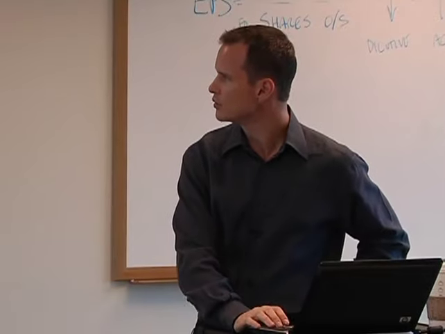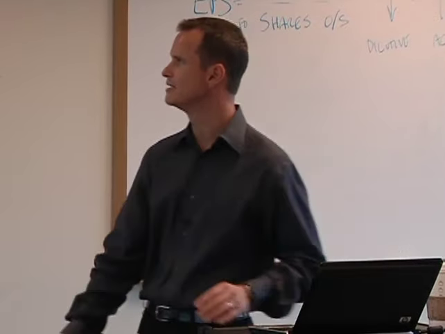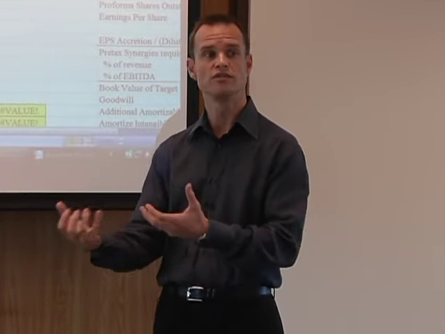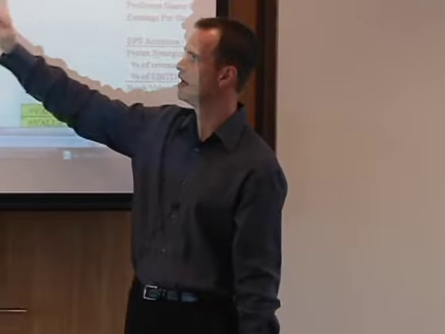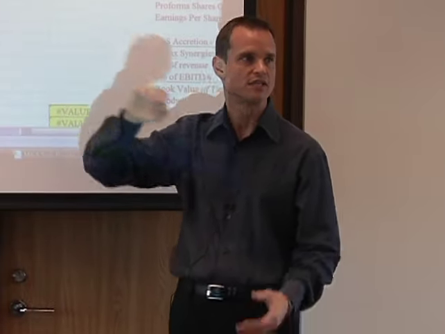We can also look at the ownership on a pro forma basis after the deal is done. Because this is a stock deal, the target shareholders are going to own some of the stock of the combined company afterward. If it were a cash deal, then Kraft just pays all cash, those seller shareholders go away, and the buyer, Kraft in this case, would own 100%.